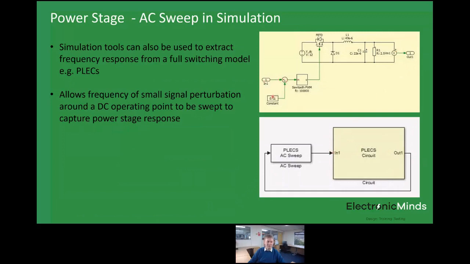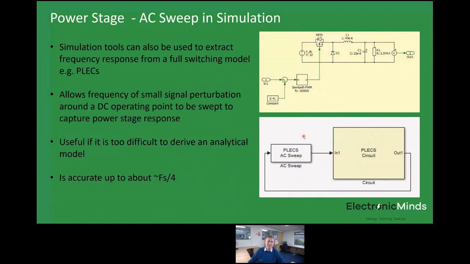I've added on a DC offset because we need to move it up to a certain DC operating point to make it work properly. But essentially, we've got this Plex circuit here, and then the Plex simulation software will sweep frequency over a specified range and look at the loop gain as a function of frequency, which essentially is what our Bode response is, and that can be quite useful.